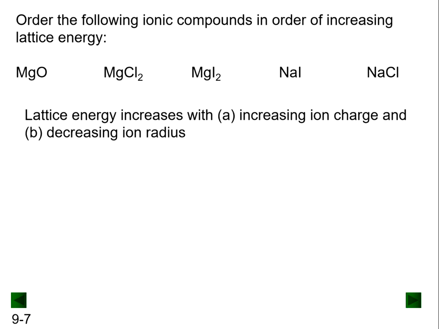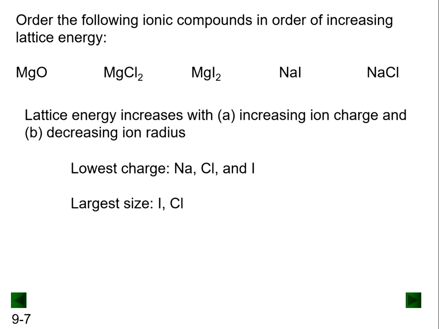Recognizing that lattice energy increases with increasing ion charge and with decreasing ion radius. So the lowest charge for these systems are the sodium, the chlorine, and the iodine. And the largest size are the iodine and the chlorine.